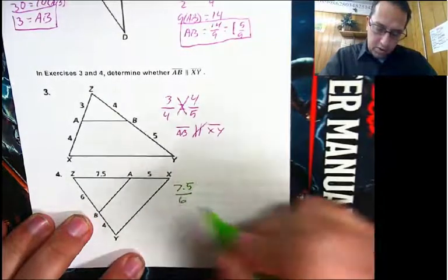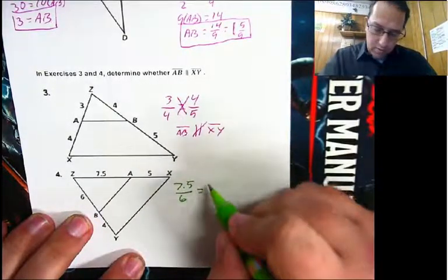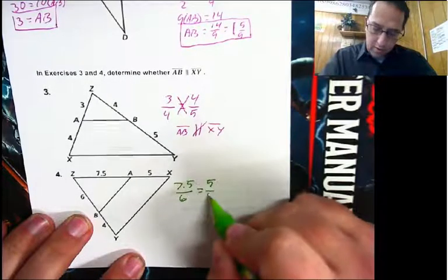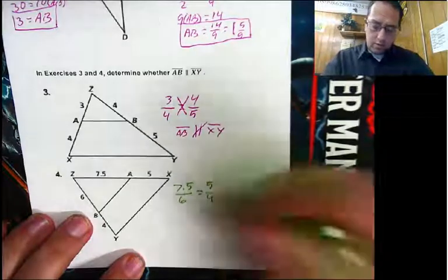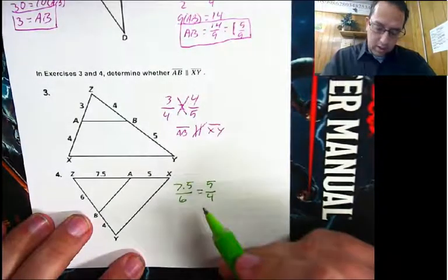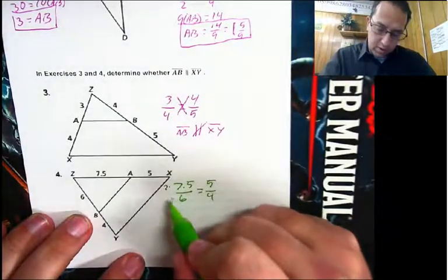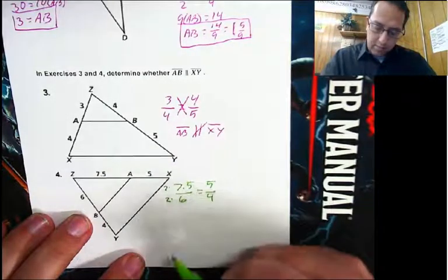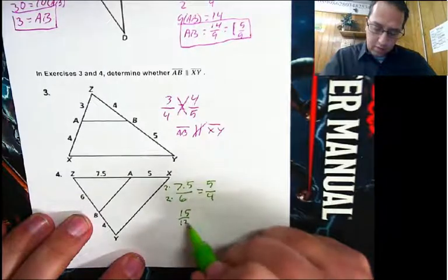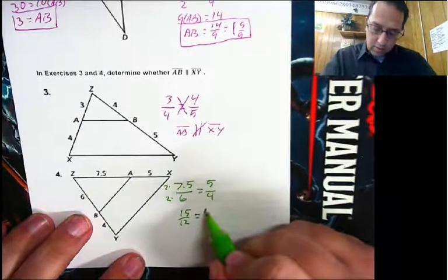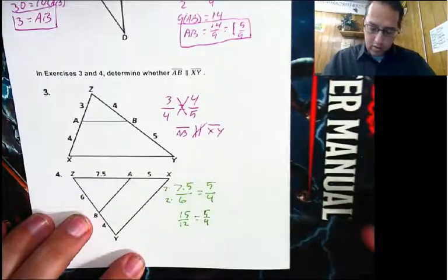7.5 over 6 equals 5 over 4. That's a decimal, I'm not really sure. I'm going to just double everything. That'll get rid of my decimal there. So if I just take everything here and times 2, and 7.5 times 2 is 15. So that'll give me 15 over 12 equal to 5 over 4, hopefully.